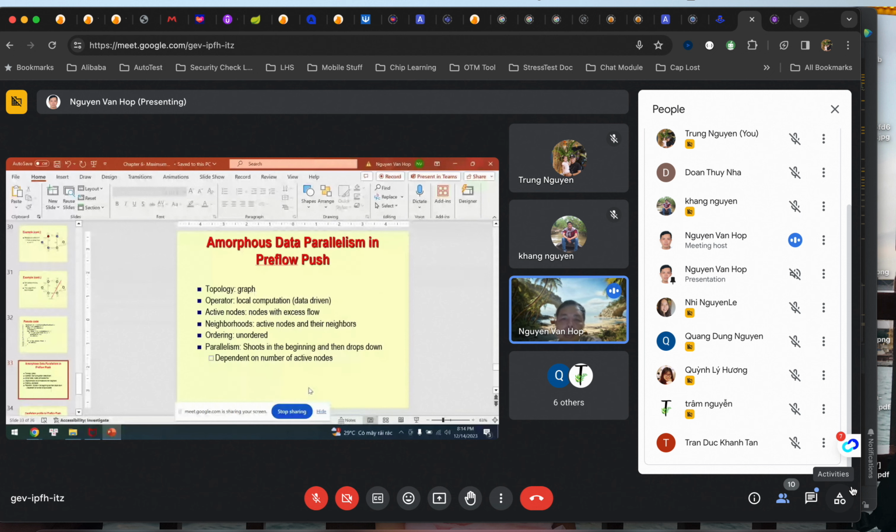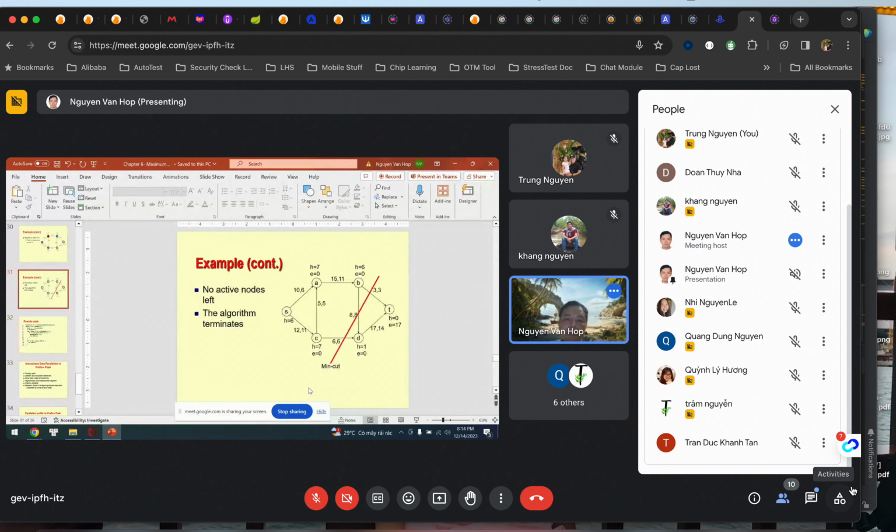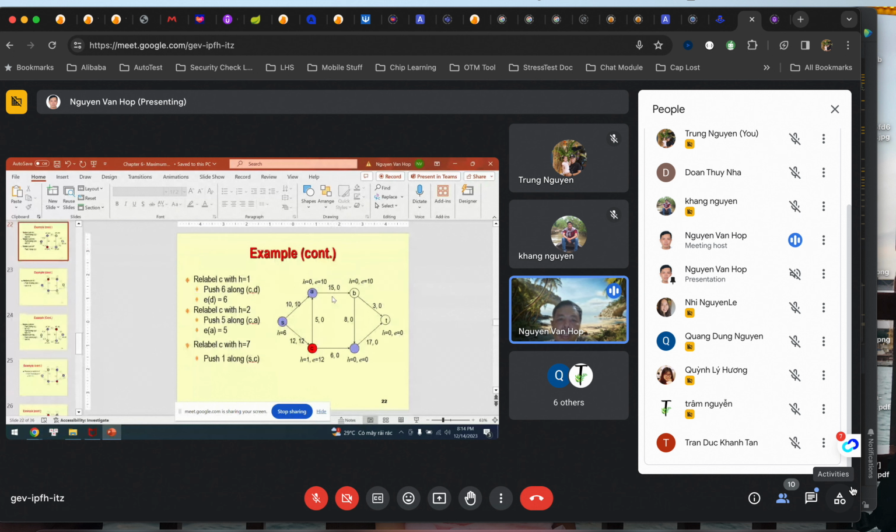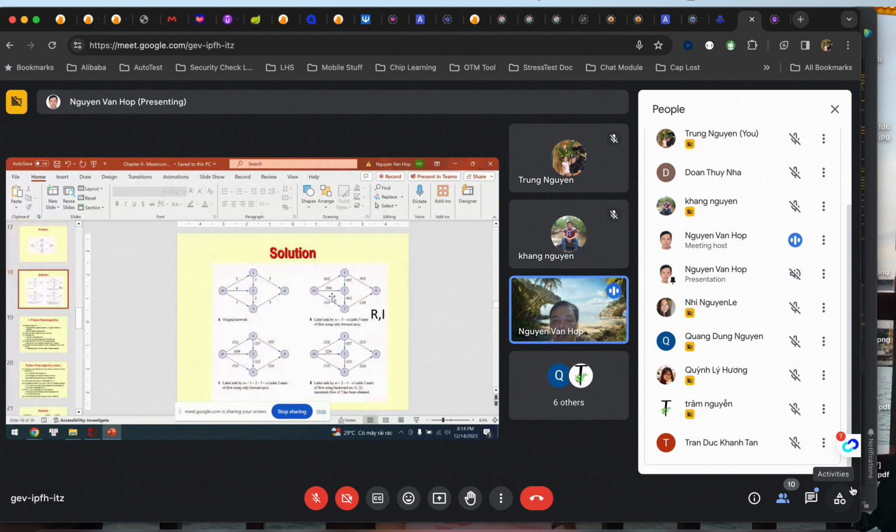That's it for today. Any questions? Actually, this algorithm is somehow a little bit difficult compared to Ford-Fulkerson. Ford-Fulkerson is more difficult in terms of choosing and calculation.